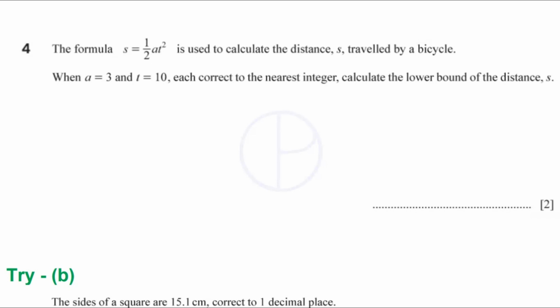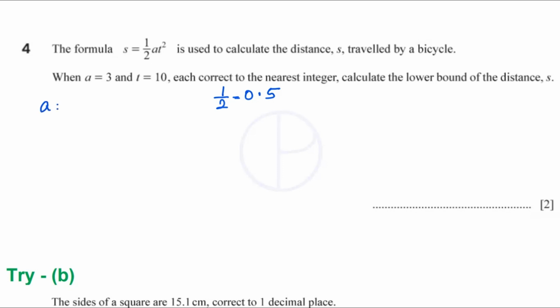The next question is, the formula S equal to 1 over 2 AT square is used to calculate the distance S traveled by a bicycle. When A is 3 and T is 10, each correct to the nearest integer, calculate the lower bound of the distance S. Each is corrected to the nearest integer, that means 1 divided by 2 is 0.5.